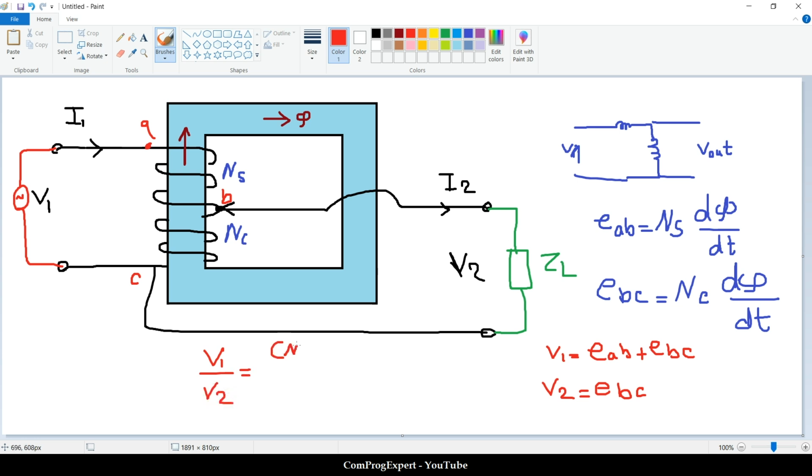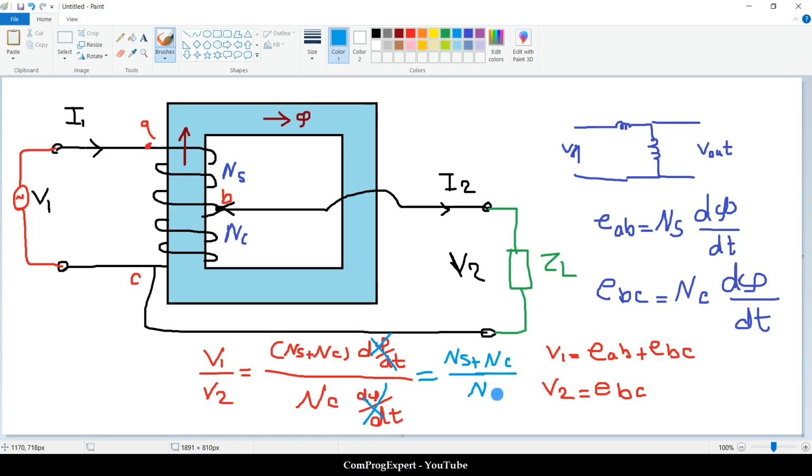We have (N_S plus N_common) dφ/dt divided by N_common dφ/dt. These two are the same, okay? And we have this ratio (N_S plus N_common) divided by N_common.